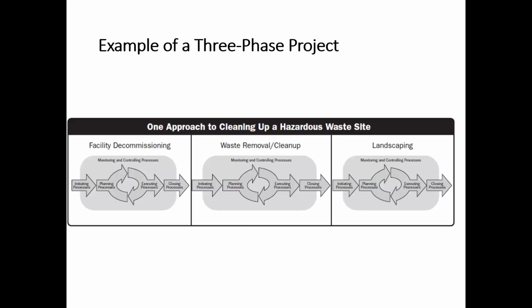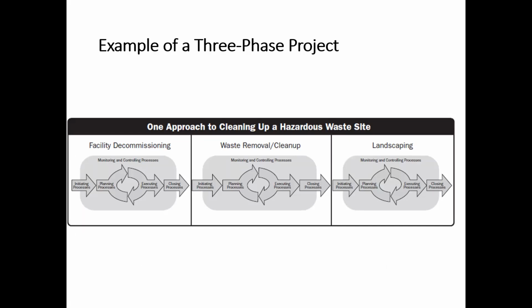And then we have the phase-to-phase relationships: sequential relationship and overlapping relationship. This is an example of a 3-phase project: facility decommissioning, then waste removal and cleanup, and then landscaping. It is one approach to cleaning up a hazardous waste site.